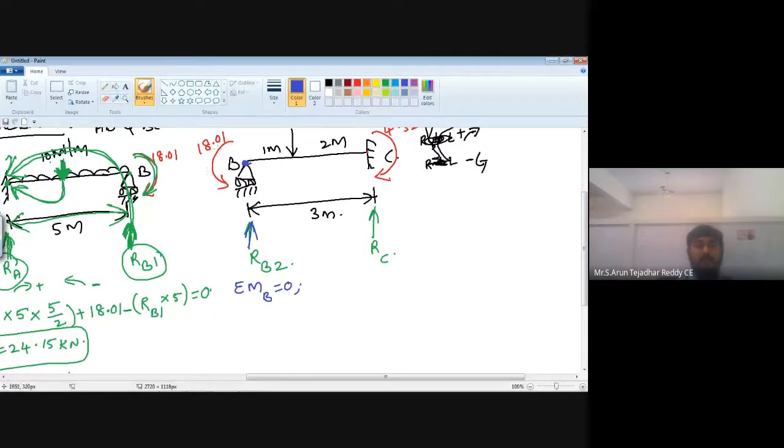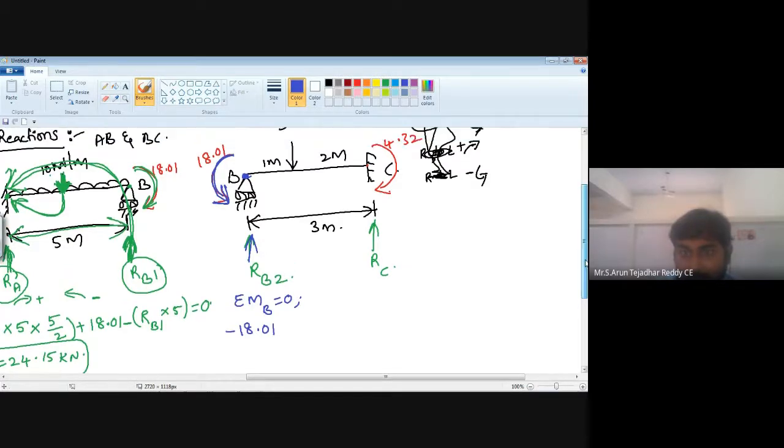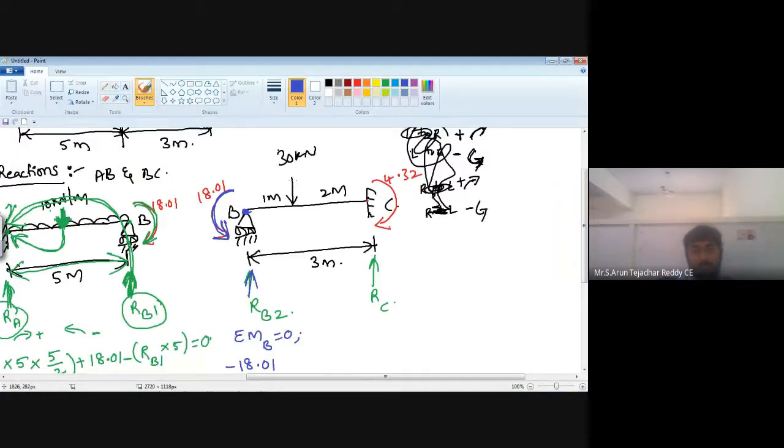At point B, one moment is acting, that is 18.01 kilonewton meter, but it is moving in the anti-clockwise direction. Consider minus 18.01. Next, here a 30 kilonewton load is acting.